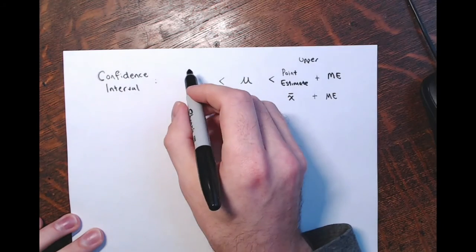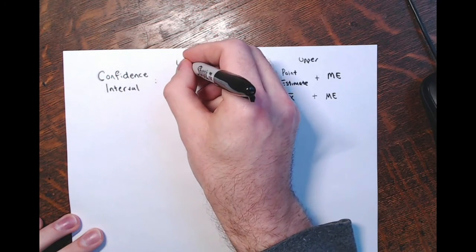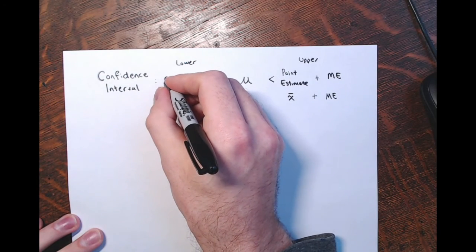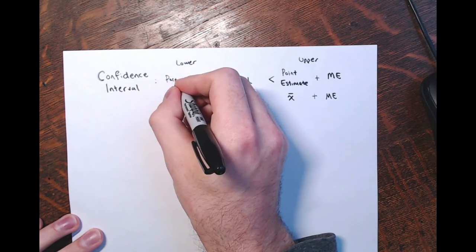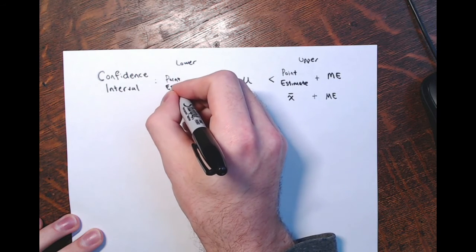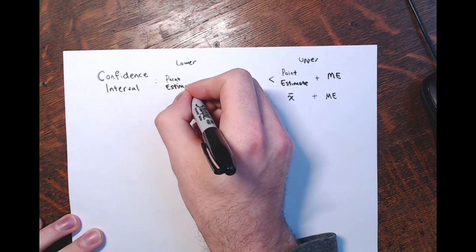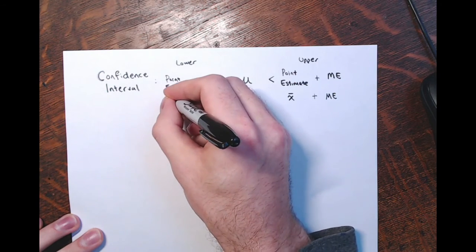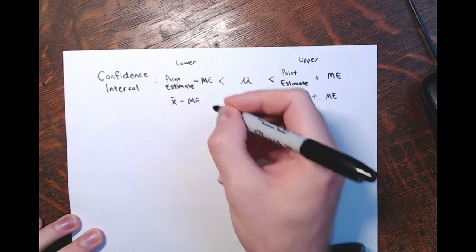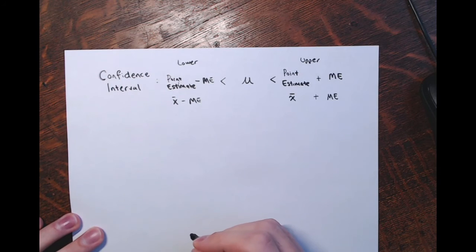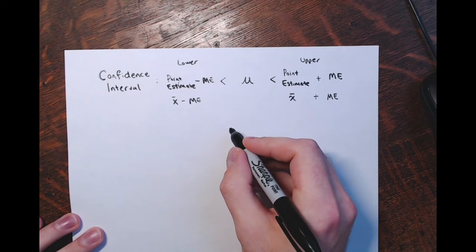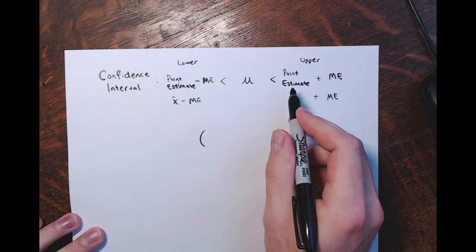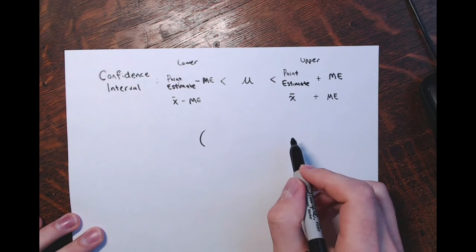So plus margin of error. And then the lower bound for our confidence interval is the point estimate, which is the value from our sample, minus the margin of error. So X bar minus the margin of error. So for this particular problem, instead of written this way as an inequality, you might also see it written as an interval.